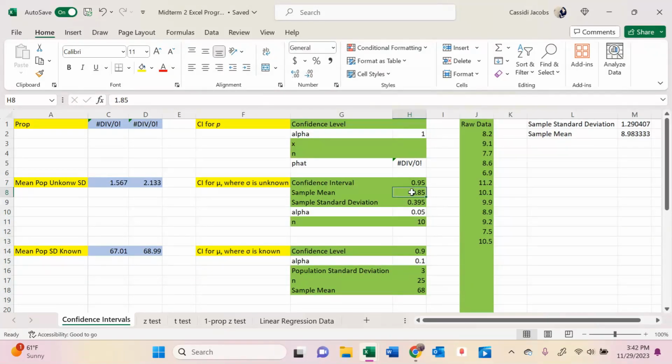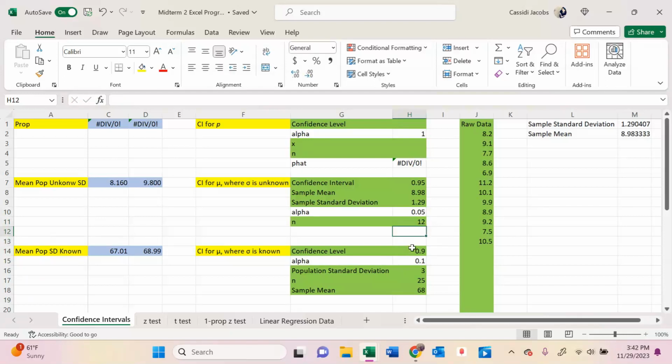I'm going to round to 2 decimal places, so 8.98 is the sample mean that came from our raw data. The sample standard deviation is 1.29. And then we had 12 value points for raw data. If you're not sure, just look over here.